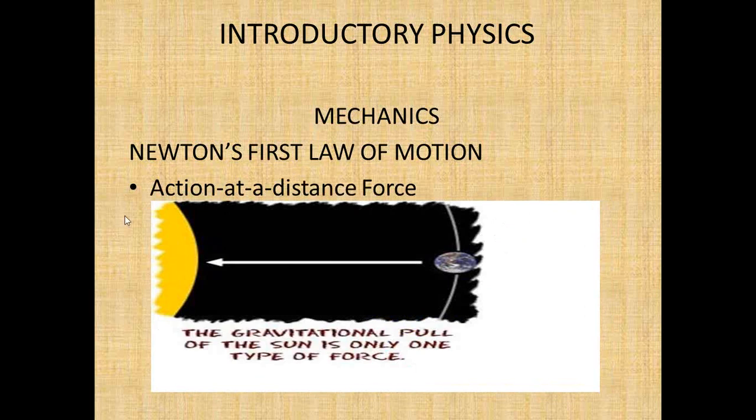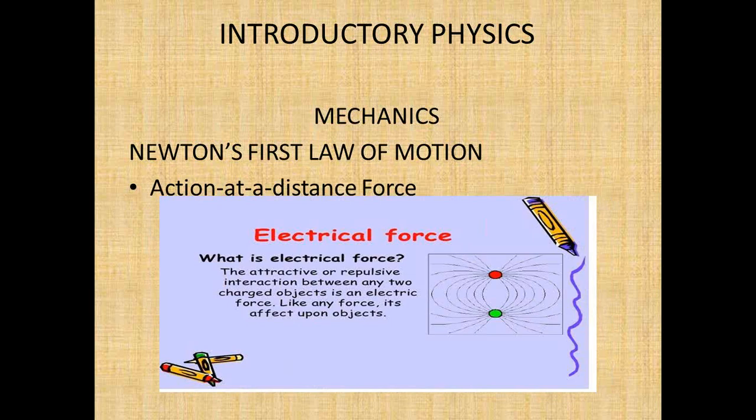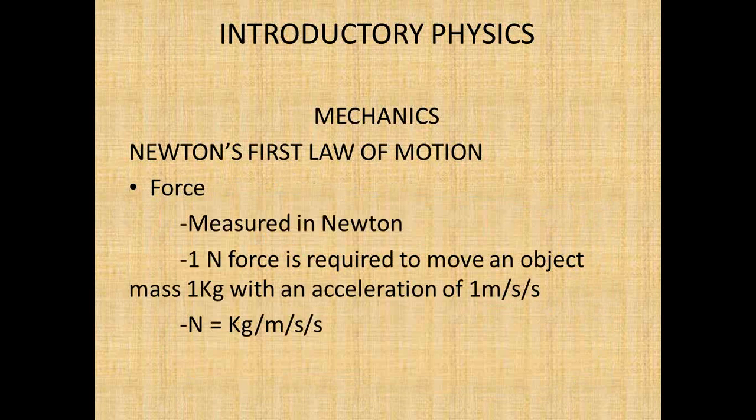If this is the sun and this is a planet, of course, there's going to be a gravitational pull of the sun on the planet. So this is a gravitational pull. There's no contact between those two planetary bodies. And again, electric force, the electric field, there's no contact, so it's an action at a distance force.